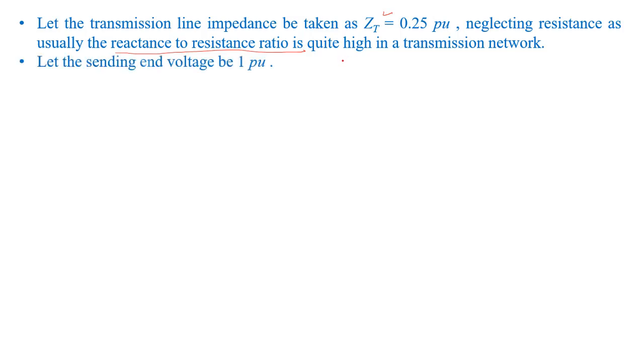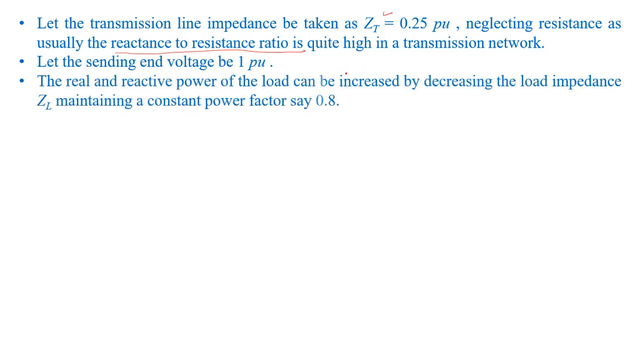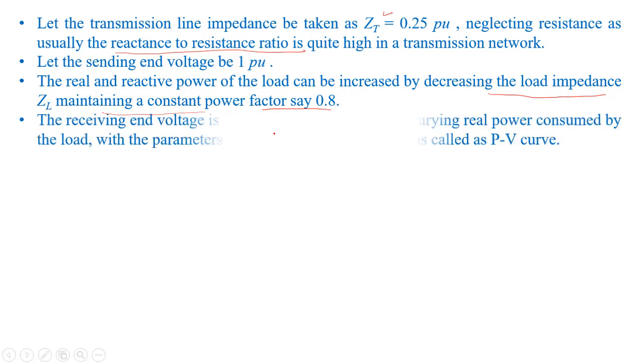This is the reactance only. Let the sending end voltage be 1 per unit. The real and reactive power of the load can be increased by decreasing the load impedance. If we decrease the load impedance, that gives the effective load to be increased, while maintaining a constant power factor, say at 0.8.